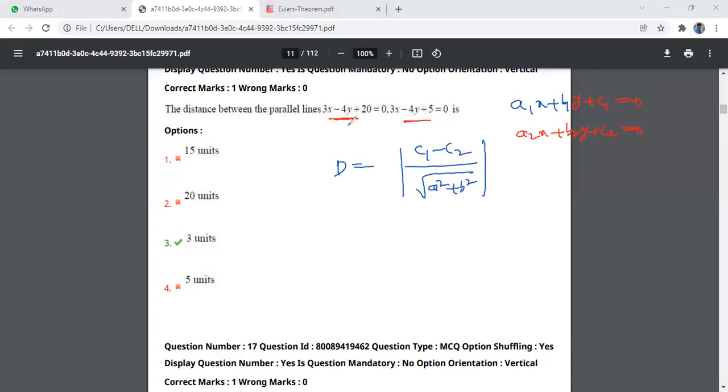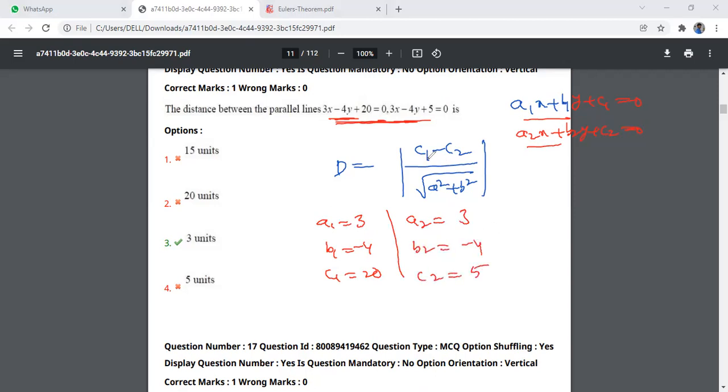Now if you compare these two equations with the given equations, what will you get? a1 is equal to 3, b1 is equal to minus 4, c1 is equal to 20, a2 is equal to 3, b2 is equal to minus 4, c2 is equal to 5. So according to the formula, c1 minus c2, c1 is 20, c2 is 5, by under root of a square plus b square. a means 3, 3 square, and minus 4 square.